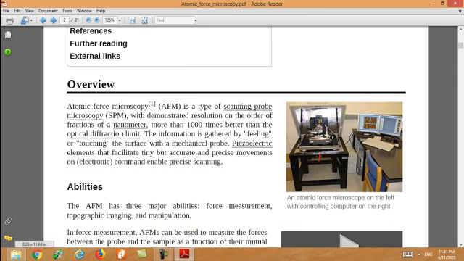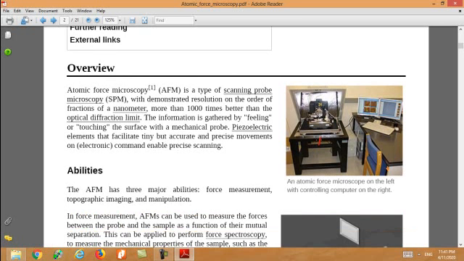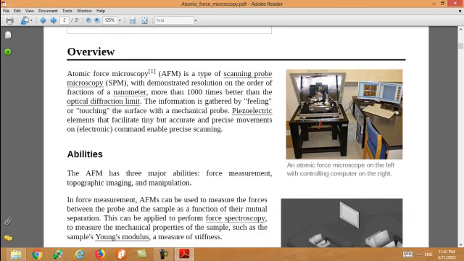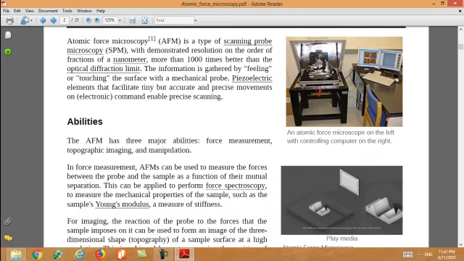The abilities of AFM. The AFM has three major abilities: force measurement with the help of the probe tip, topographic imaging, and manipulation. In force measurement, AFM can be used to measure the forces between the probe and the sample as a function of their mutual separation.